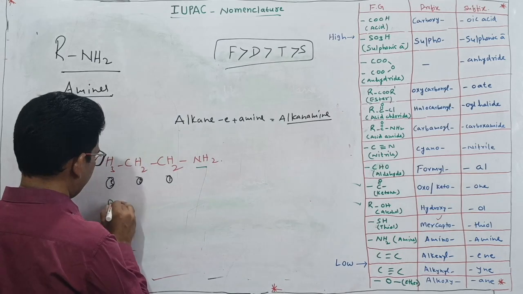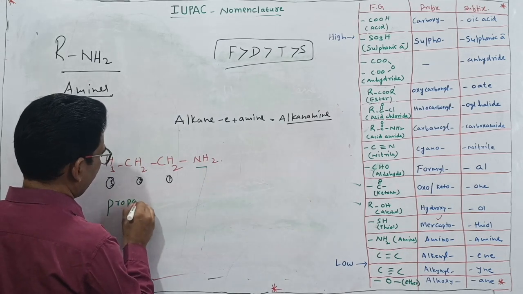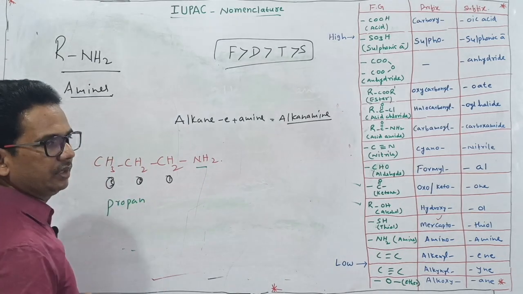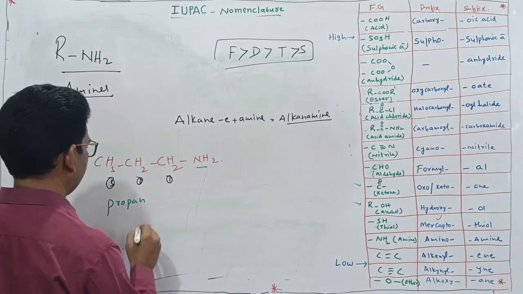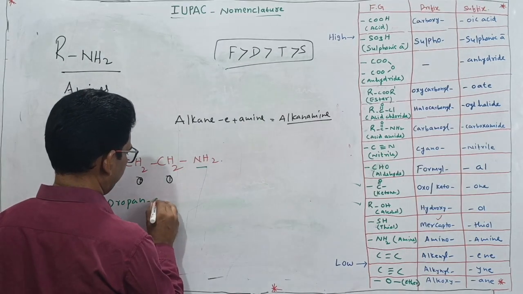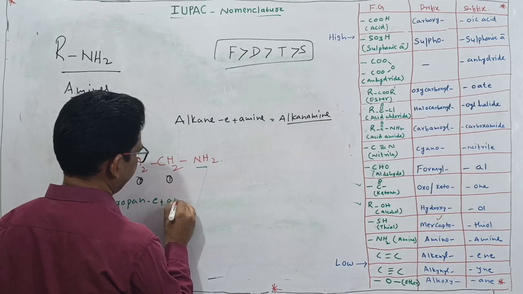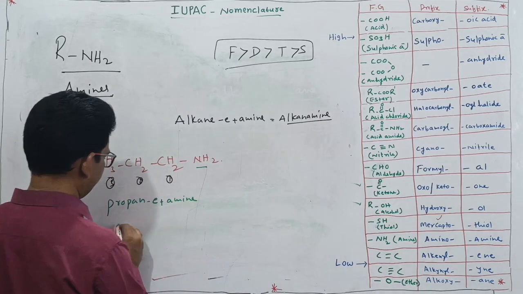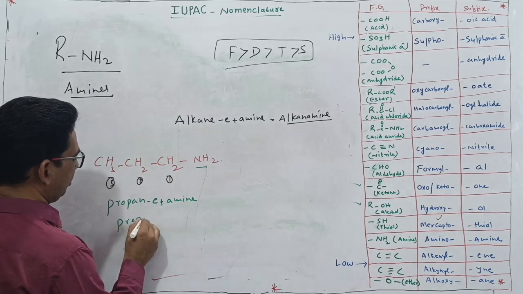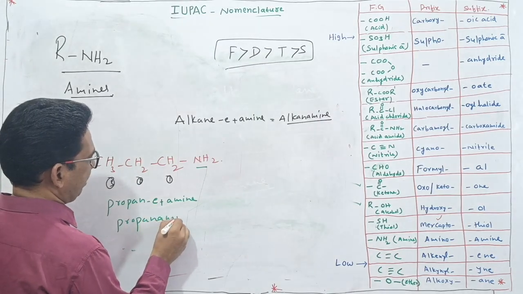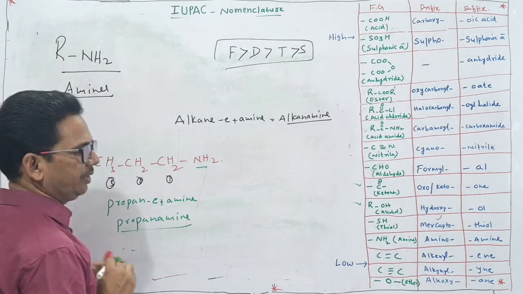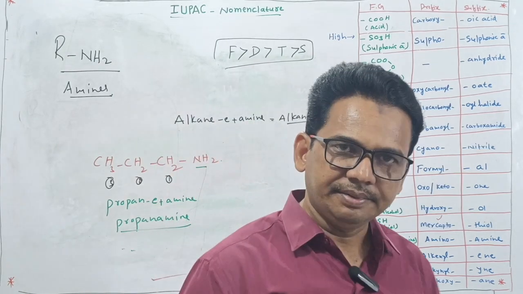That's why 3 carbons are there, propane. What is propane? Minus e plus amine. What is the name for this one? Propanamine. Okay, understood?